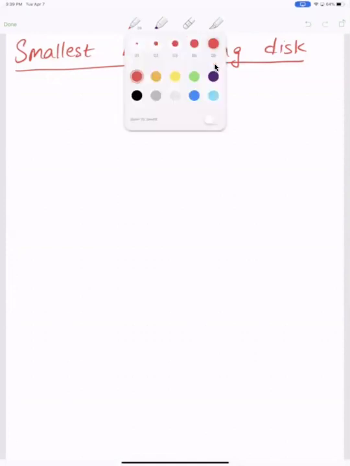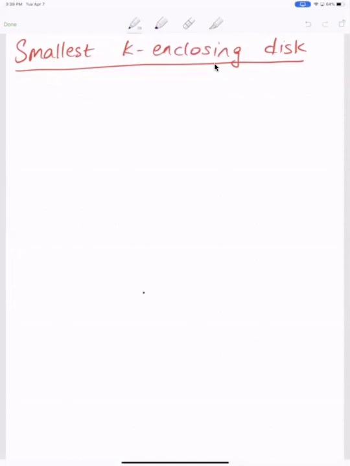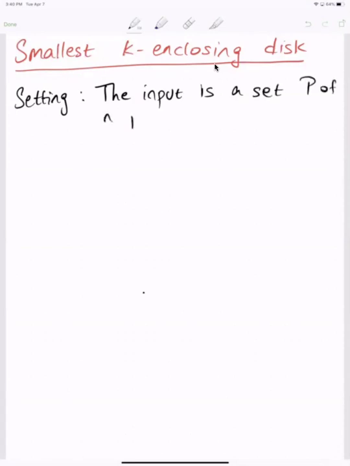The problem is the following. This is the setting we have. The input is a set P of n points in 2D.